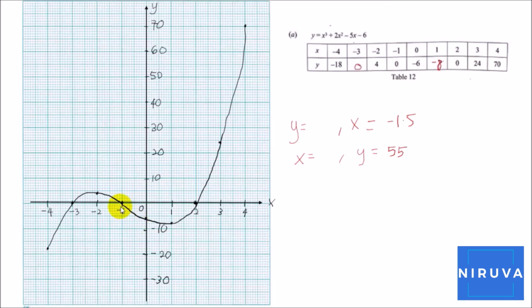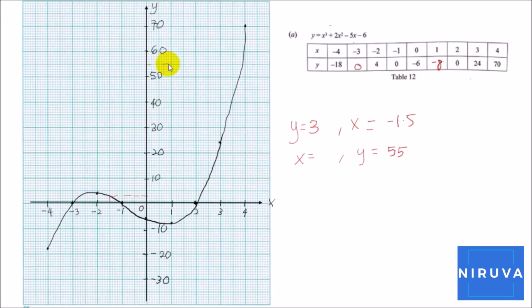Okay, first, negative 1.5 for x. So plot up to the line and then to the right to the y-axis, and we'll get y is at 3. And then y is 55. So y is 55 here.